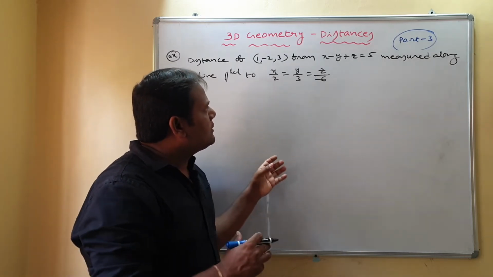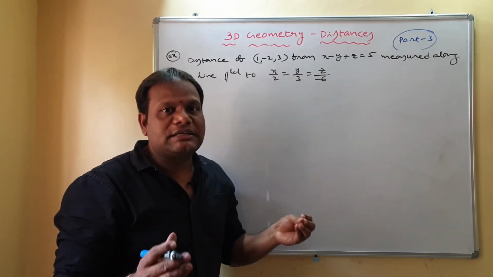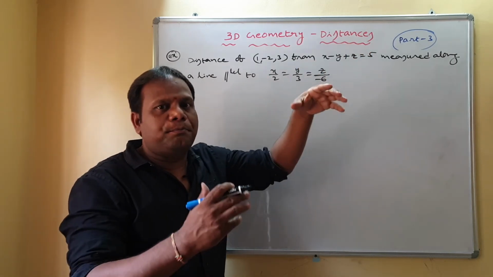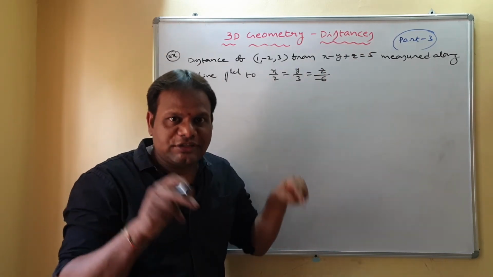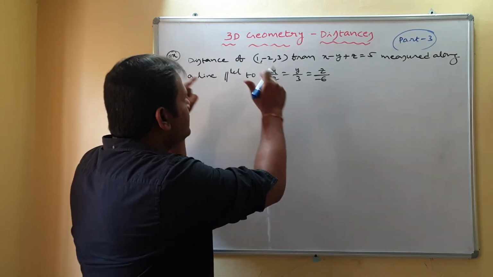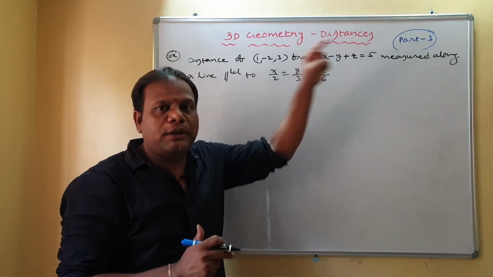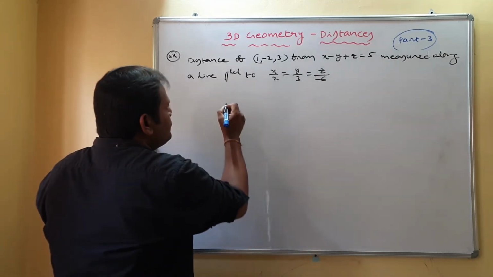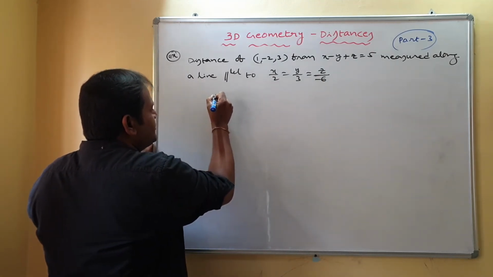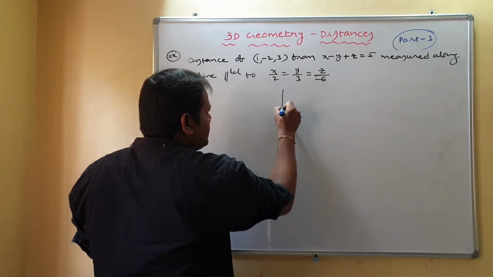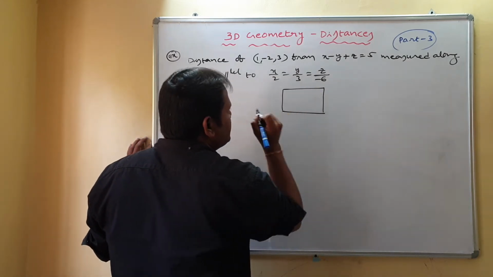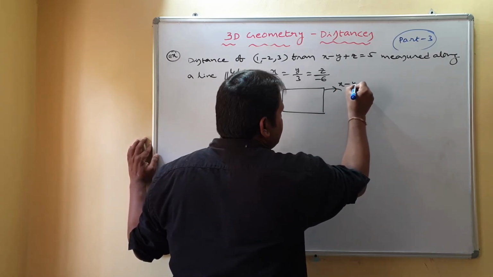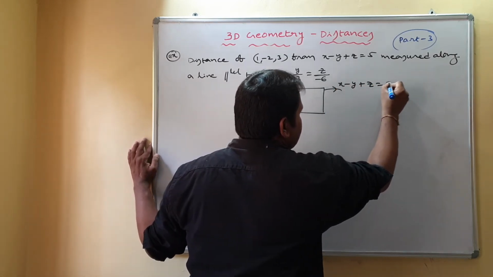Earlier we found the distance from a point to a plane measured parallel to a given line. Now suppose I am taking this as the plane. What is the plane equation given? x minus y plus z equal to 5.